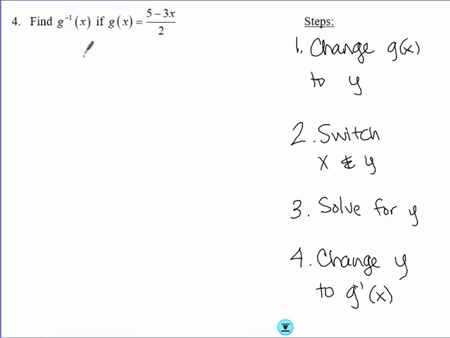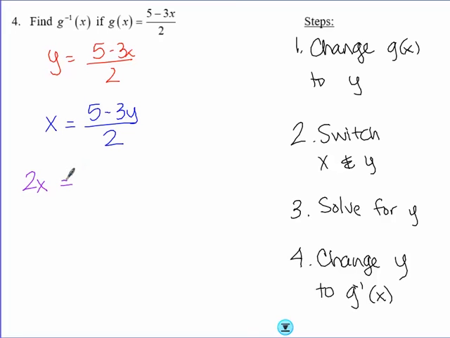So if we take this function, first we need to change g of x to y. Then we need to switch x and y. Now we need to solve. So I'm going to start by multiplying both sides by 2. Then I'm going to subtract 5 from both sides.